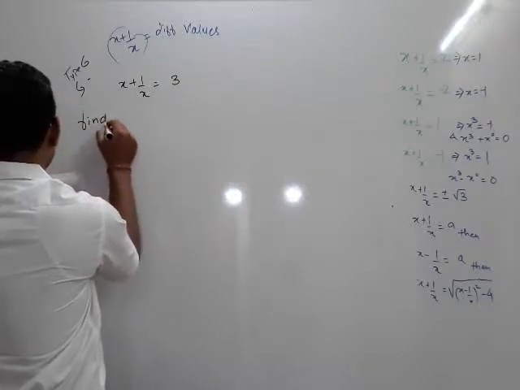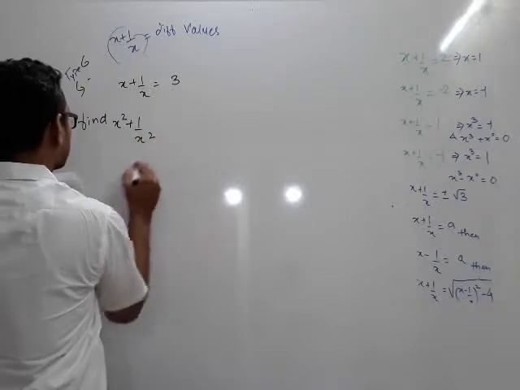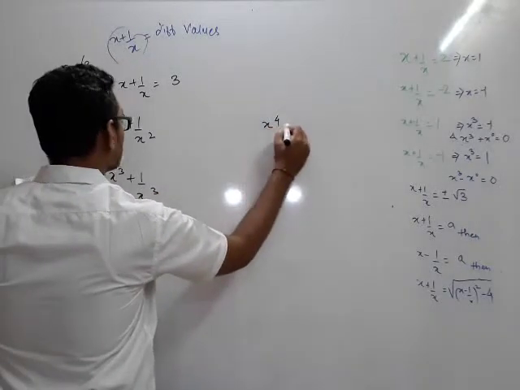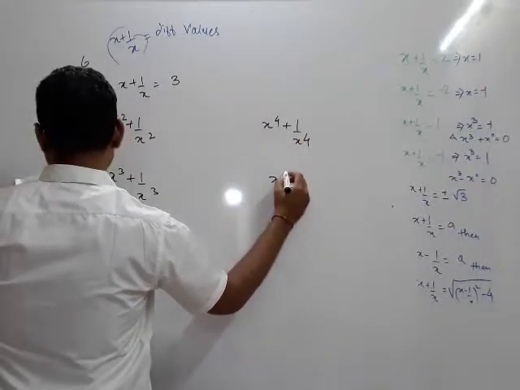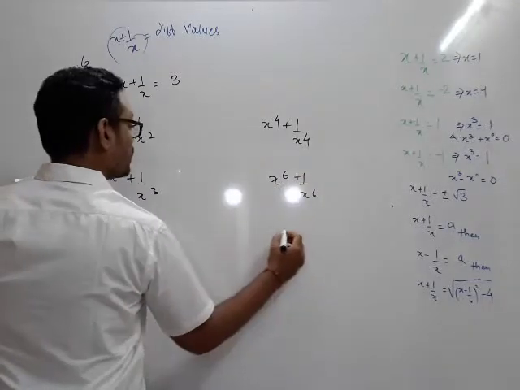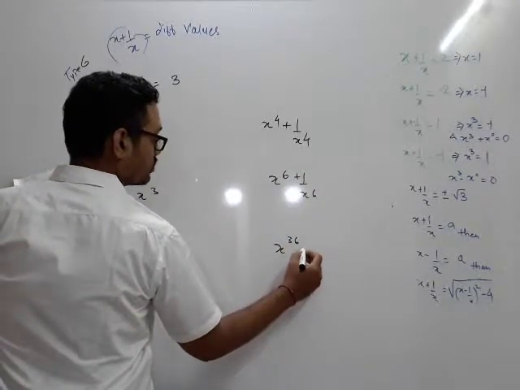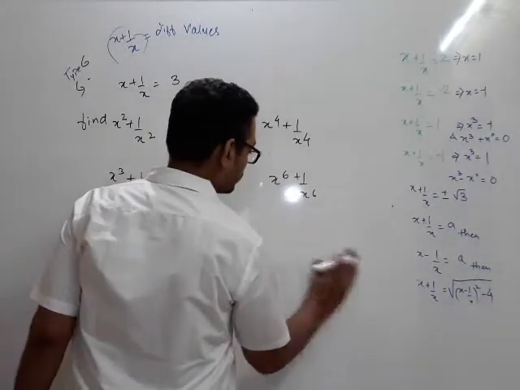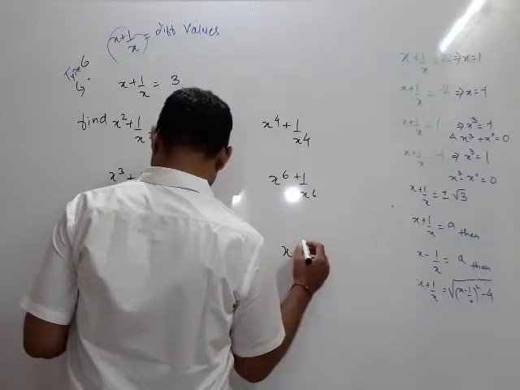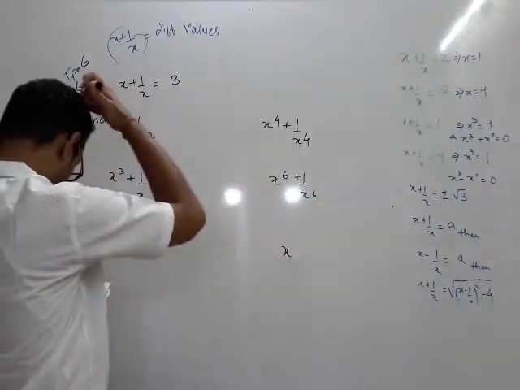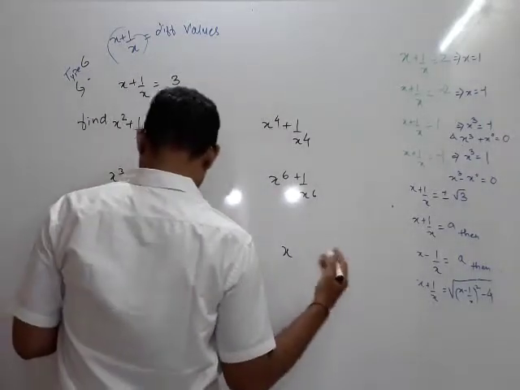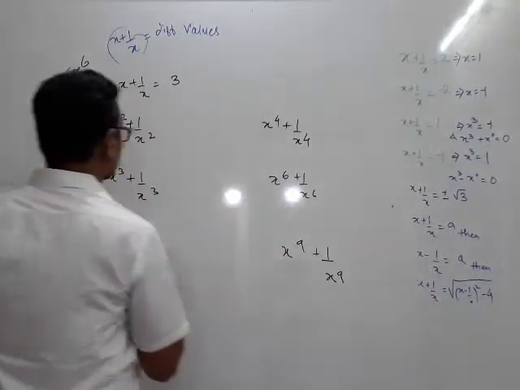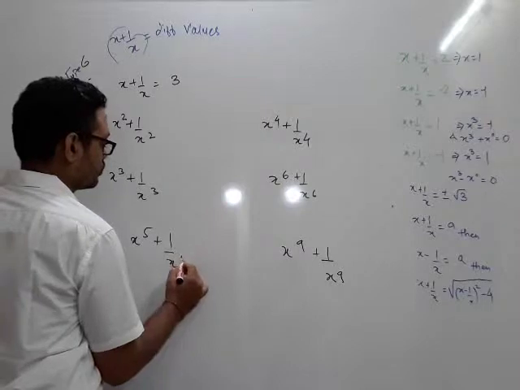Find x square plus 1 by x square, x cube plus 1 by x cube, x raised to 4 plus 1 by x raised to 4, x raised to 6 plus 1 by x raised to 6, x raised to 9 plus 1 by x raised to 9, x raised to 5 plus 1 by x raised to 5.